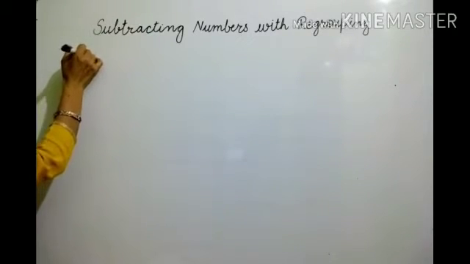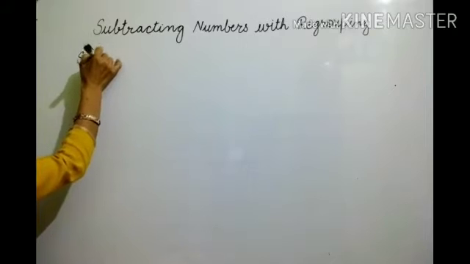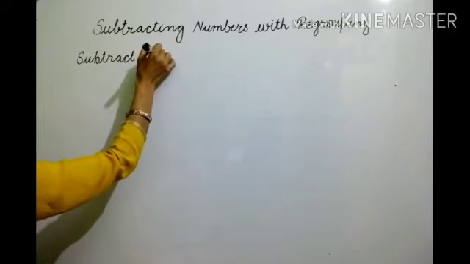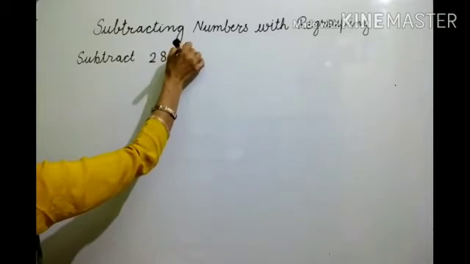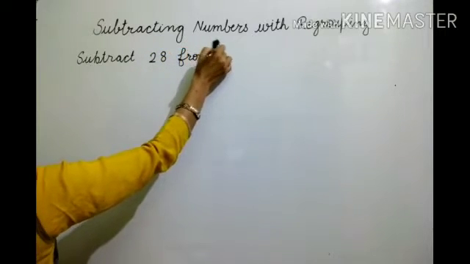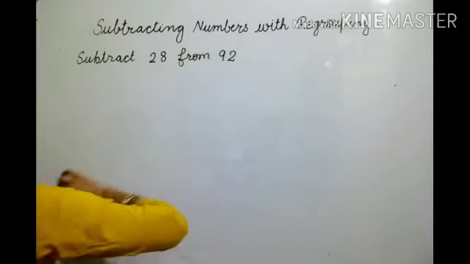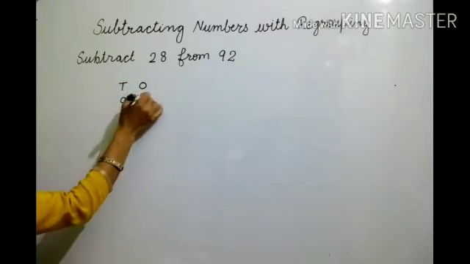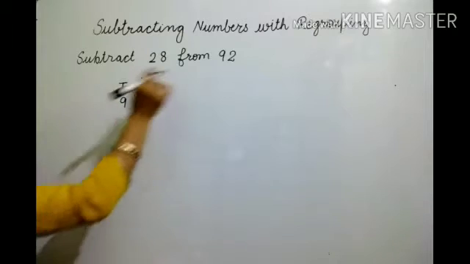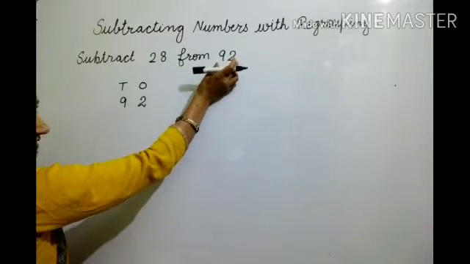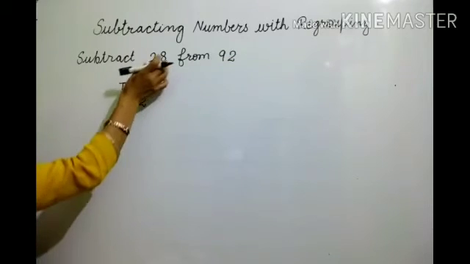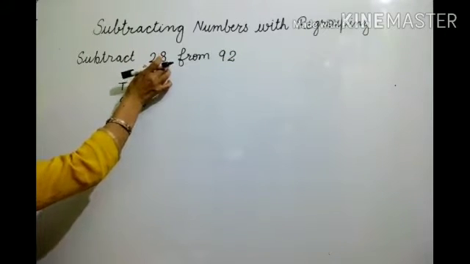Suppose we have to subtract 28 from 92. First we arrange the numbers, and as I told you yesterday, we always write the larger number upside and the smaller number downside.